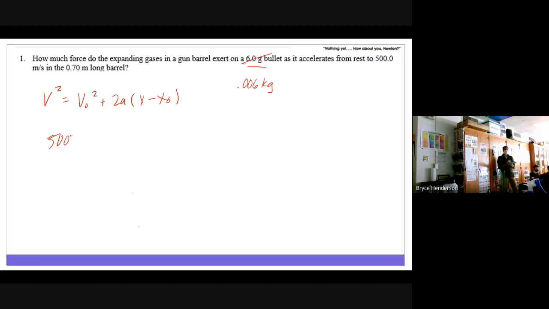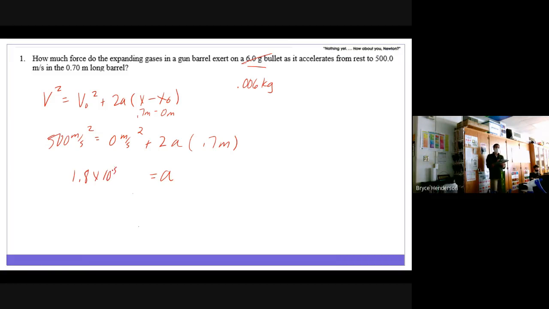So 500 meters per second equals 0 plus 2 times the acceleration, which we don't know, times the length of the barrel, 0.7 meters. Or if you wanted to do 0.7 meters minus 0 meters at the start, it doesn't matter. Therefore, giving you an acceleration in the gun of a big number, 1.8 times 10 to the 5th meters per second squared.